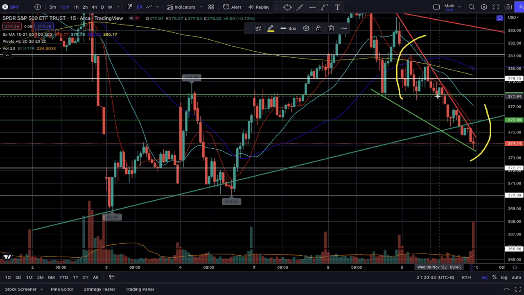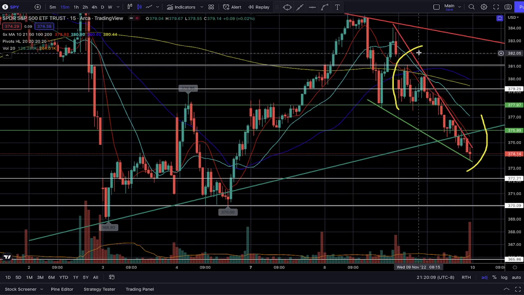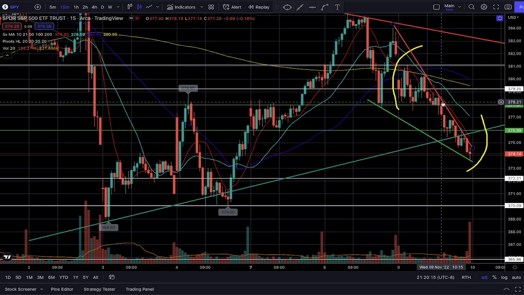And as we're making lower highs, I also pointed out to my CFO Swing Watch members that, hey, look, we're making this descending resistance trend line, and if this is completed, if we start to see consolidation right above the 378 level, we're going to have a micro intraday descending triangle.